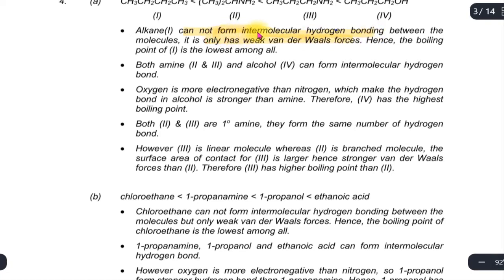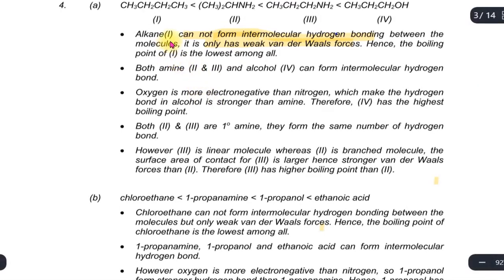You have to remember, alkene cannot form intermolecular hydrogen bonding; it only has weak van der Waals forces. That's why it has the lowest boiling point among all.